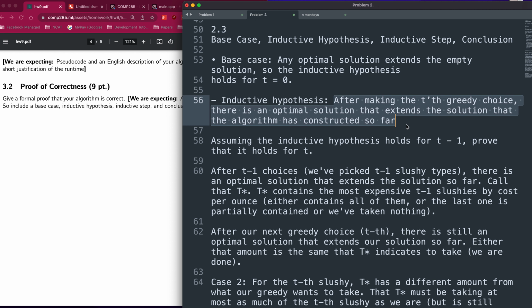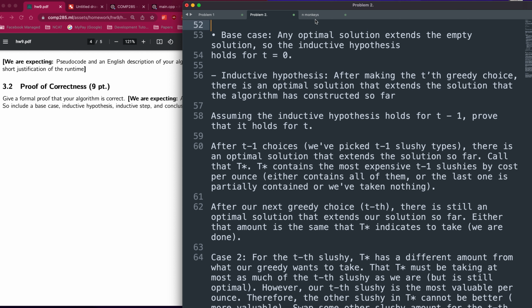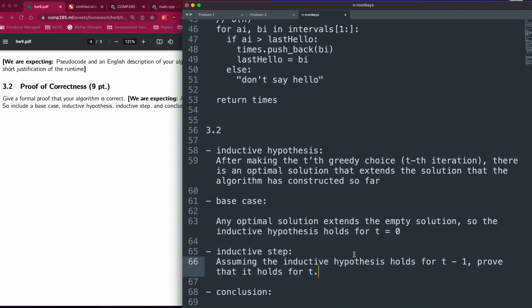And now the inductive step is going to say, again, very similar to before, the following. We want to assume that our inductive hypothesis is true for t minus 1. So after the t minus 1 decision of whether to say hello or not say hello, we want to prove that there is still a solution that can be made from all of our decisions we have made plus our t-th decision.